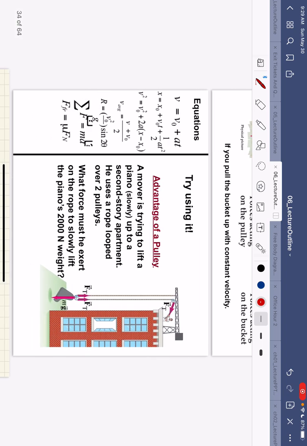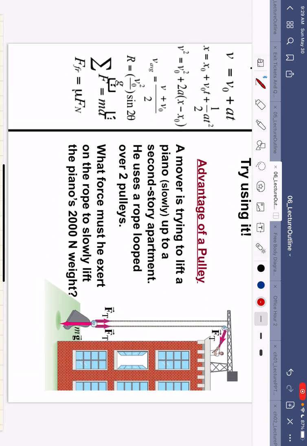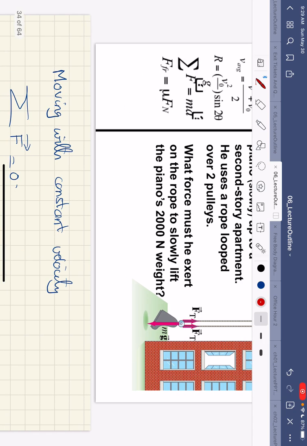Now here, in this situation, we have a mover that is trying to lift a piano slowly up to a second story, and he's using a rope that is looped over two pulleys, one of them, of course, to change the direction, and the other one to reduce the force that he's going to use.